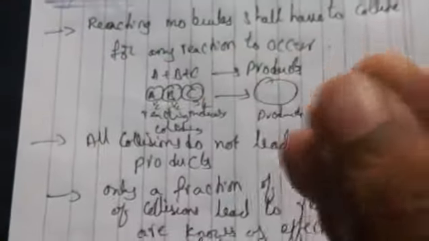For these collisions we need minimum energy. To react, the molecules should have a minimum amount of energy to produce collisions. That we call threshold energy.